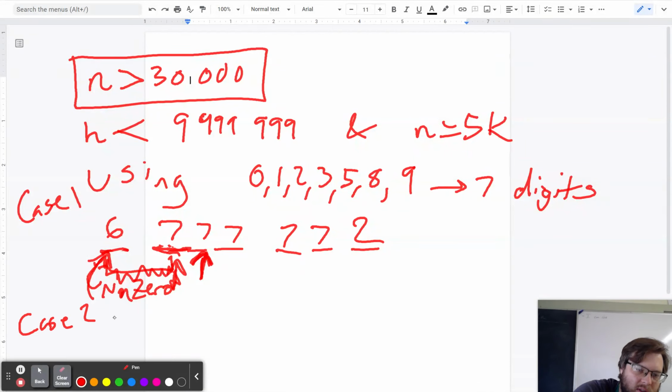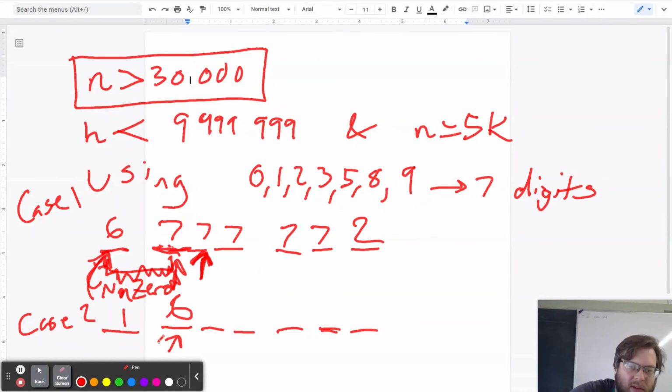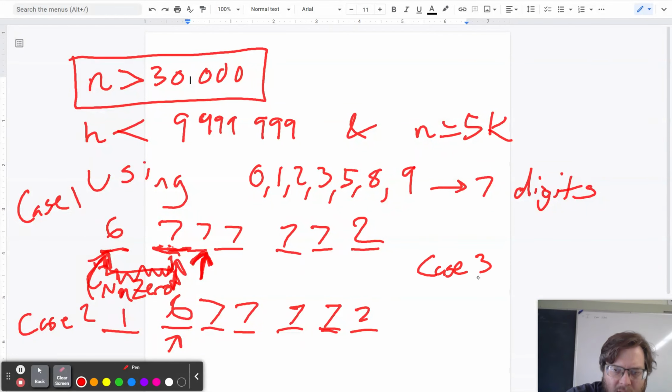So then case 2 is that the first digit is 0, one way of doing that. And so if the first digit is 0, then we're going to make the second digit non-zero. And then case number 3 is that the first 2 digits are 0. So one way of getting each of those.